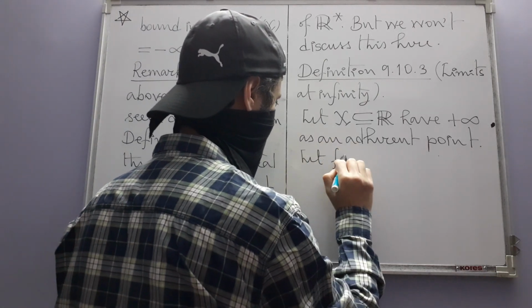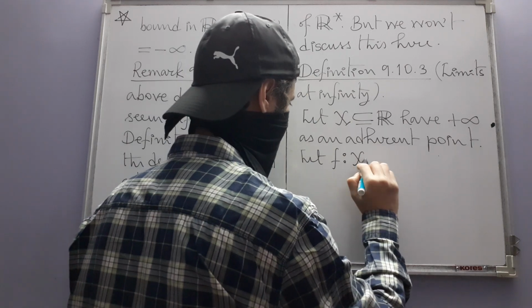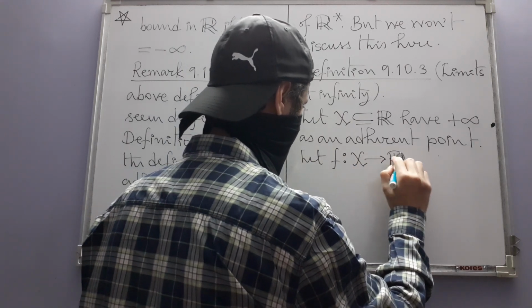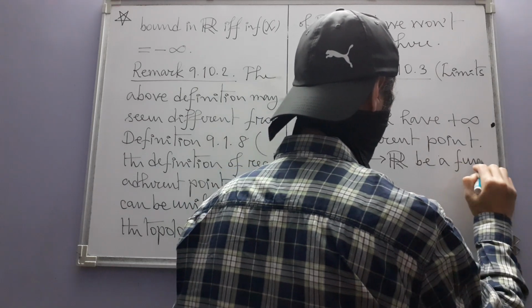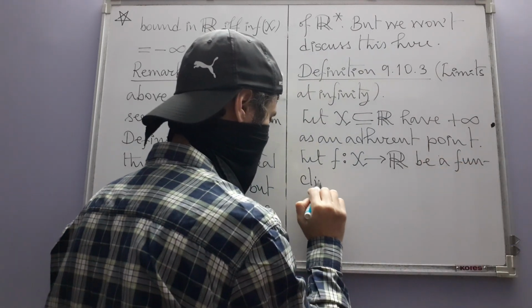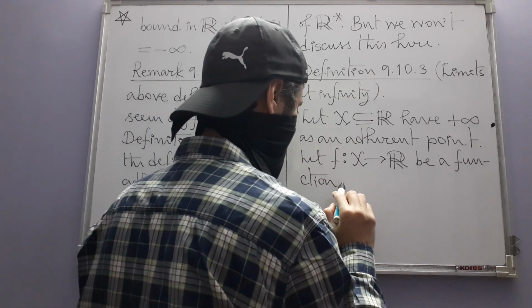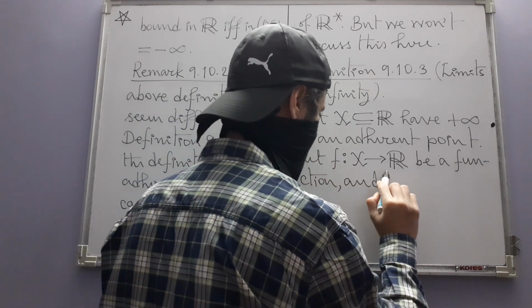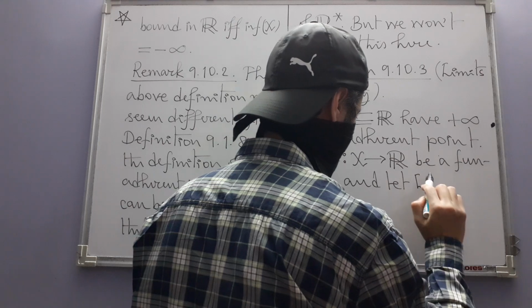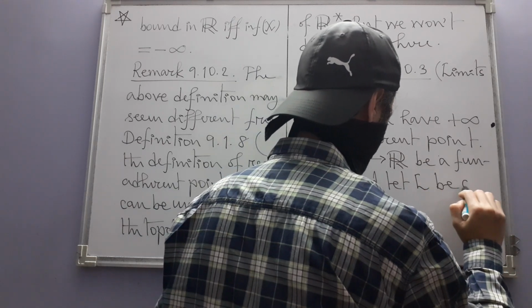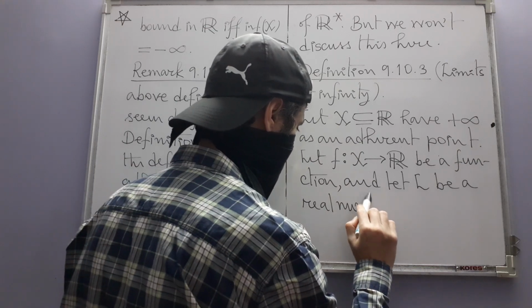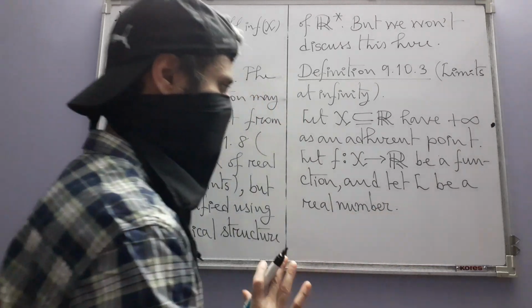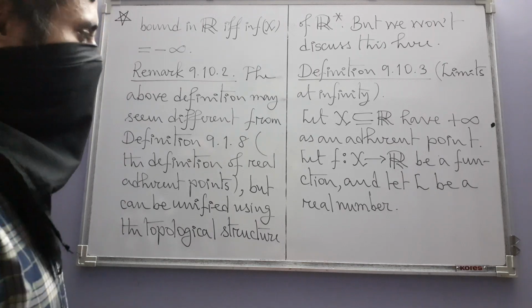Let f from X into R be a function, and let L be a real number. It's important that here L is a real number, not plus or minus infinity.